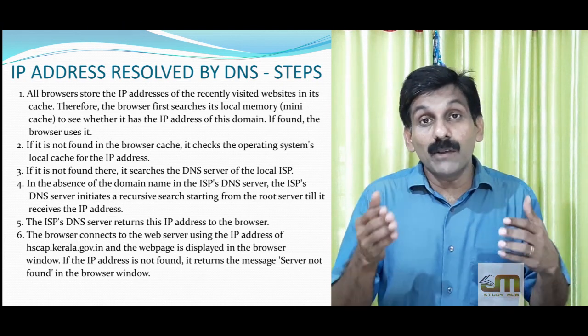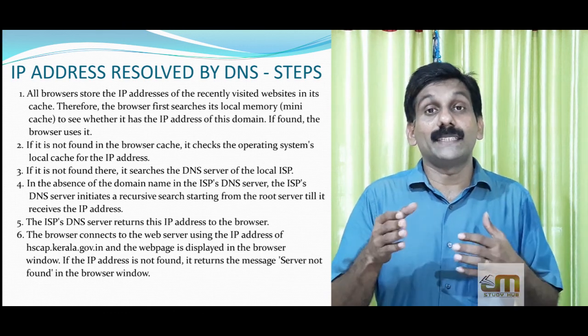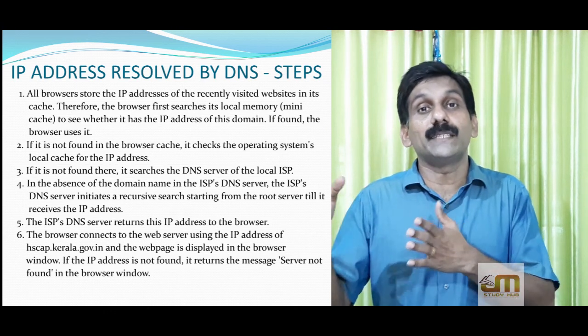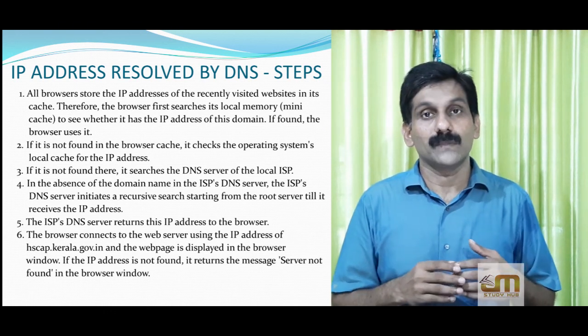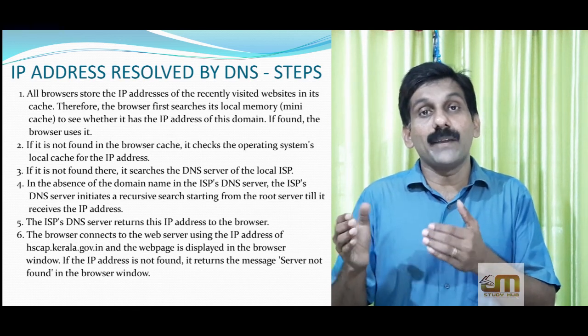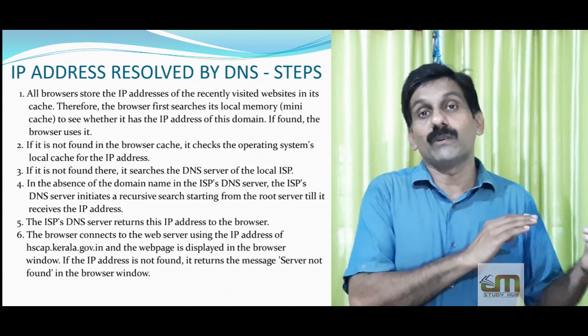If it is not available there, it goes to the third step of searching for the IP address in the local ISP's DNS server. If the DNS server of the local ISP contains the IP address of the URL we requested, it will be transmitted to the web client.